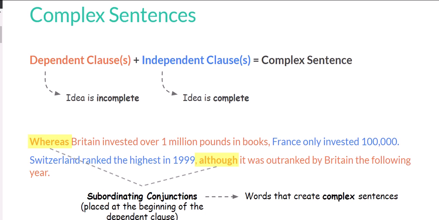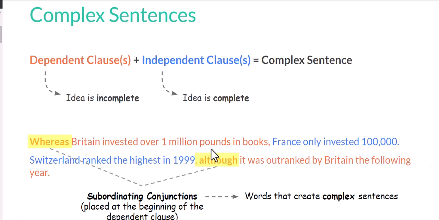The first sentence we have: whereas Britain invested over £1 million in books, France only invested 1,000, and Switzerland ranked the highest in 1999, although it was outranked by Britain the following year. As you can see, it's a very complex sentence. Notice that "France only invested 1,000" is an independent clause because the sentence stops there.